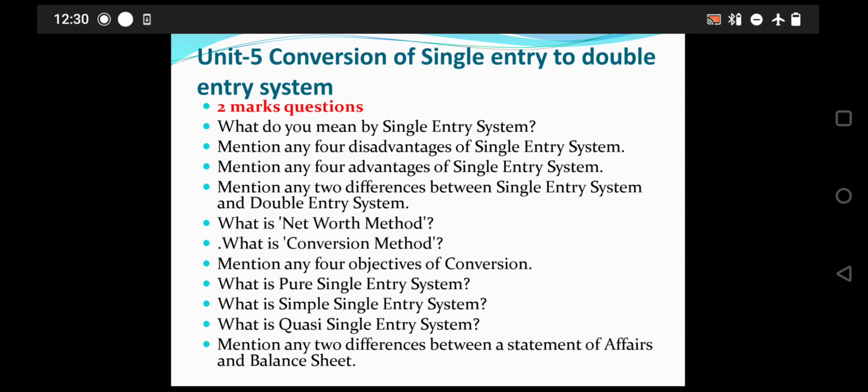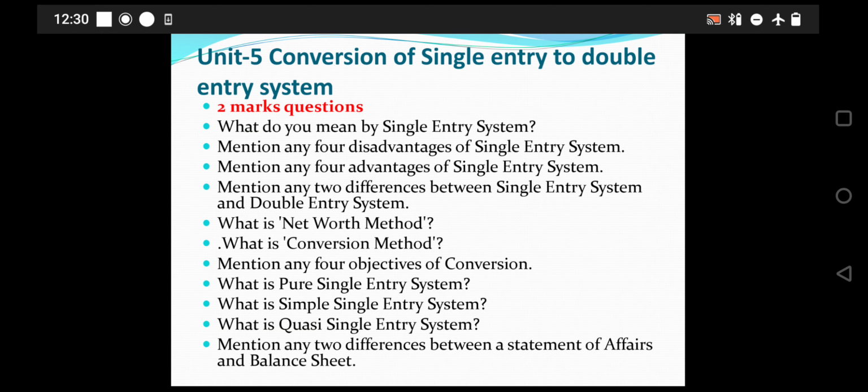And the conversion method, it's a purely advanced method, we can say. Next question, what is the conversion method. Under the conversion method, we'll prepare the accounts in such a way that we'll find the missing information, then we will prepare the final accounts. To know the missing information, we'll prepare the opening statement of affairs to know the capital.